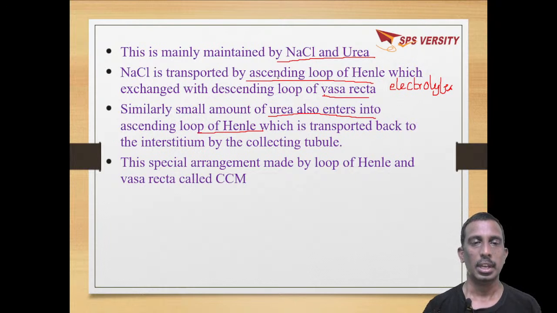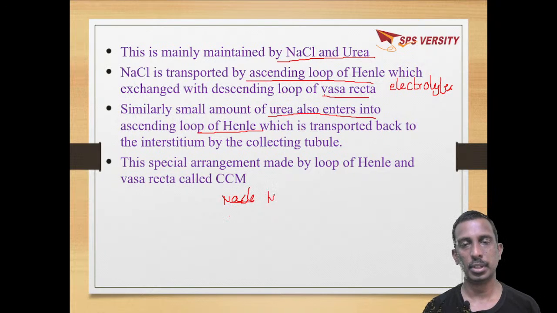So in the ascending limb of the loop of Henle, there is reabsorption of NaCl and there is secretion of urea. Due to this, the osmolarity is maintained.